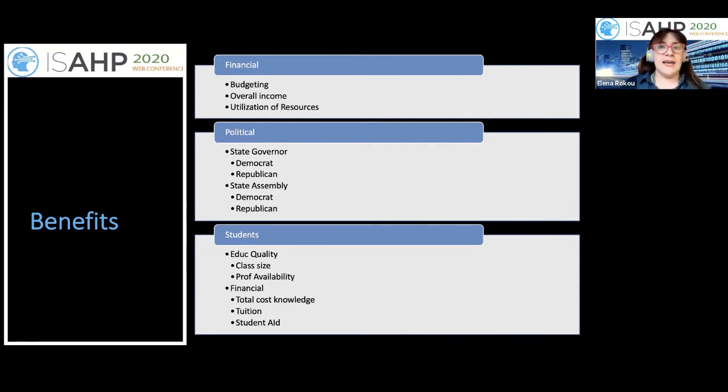For political, I have the state governor and whether they are Democrats or Republicans, and the state assembly with the same. And for the students, we have education quality, like class size and professors' availability. And from the other side, to balance out, I have the financial perspective, like tuition, the ability to give student aids, or the total cost knowledge.